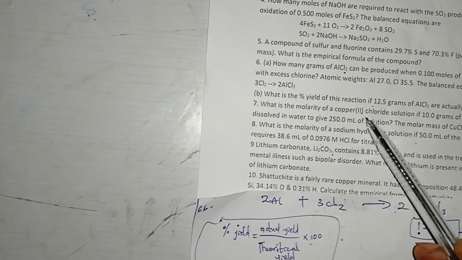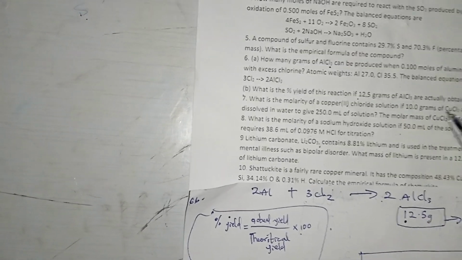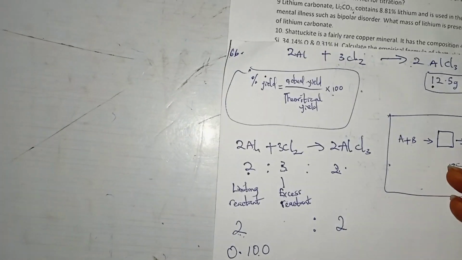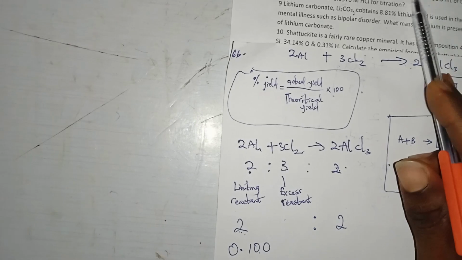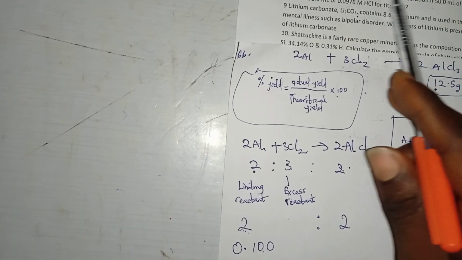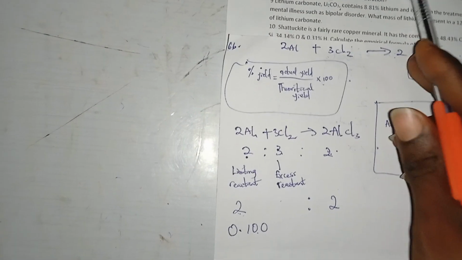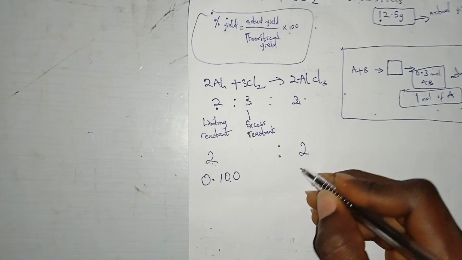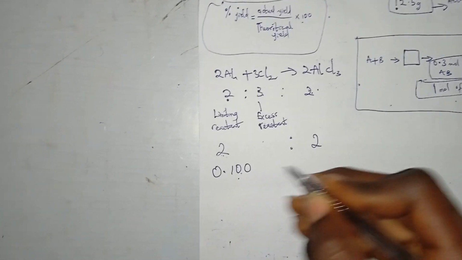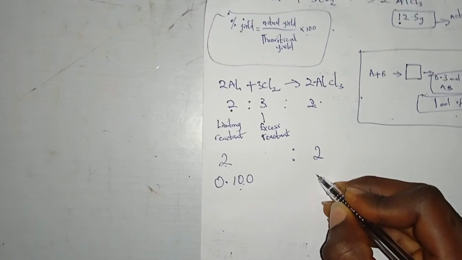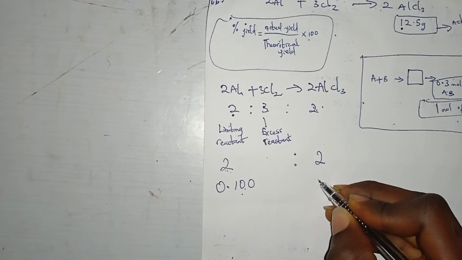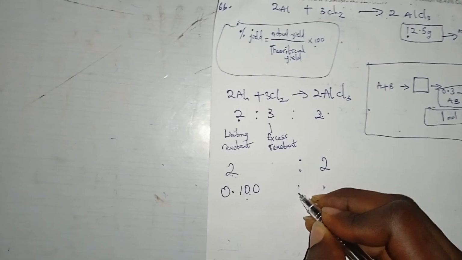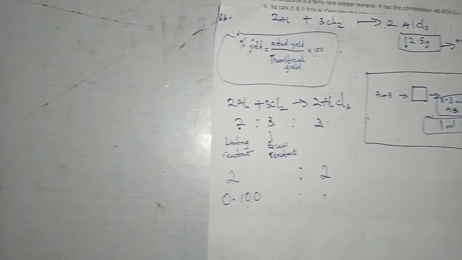What is the percentage yield of this reaction if 12.5 grams are actually obtained? In this question, they are telling us that we should find the percentage yield. So I'm supposed to say 0.100 gives me 12.5 grams. But this 12.5 grams that he gave me is for when I do the experiment. That is my actual yield.